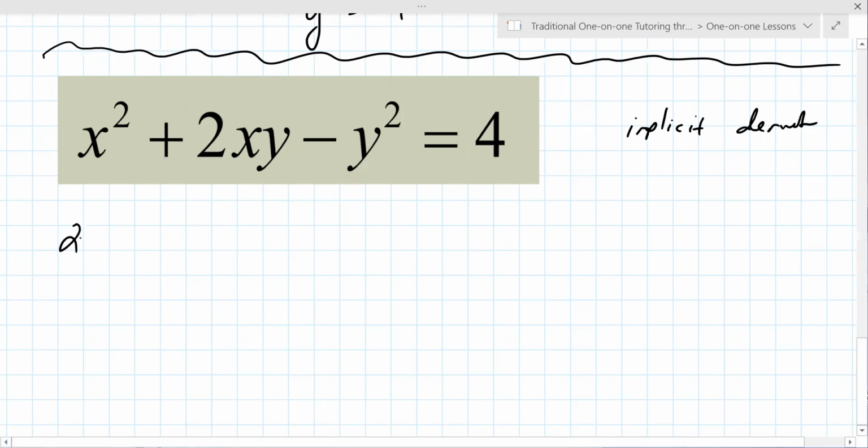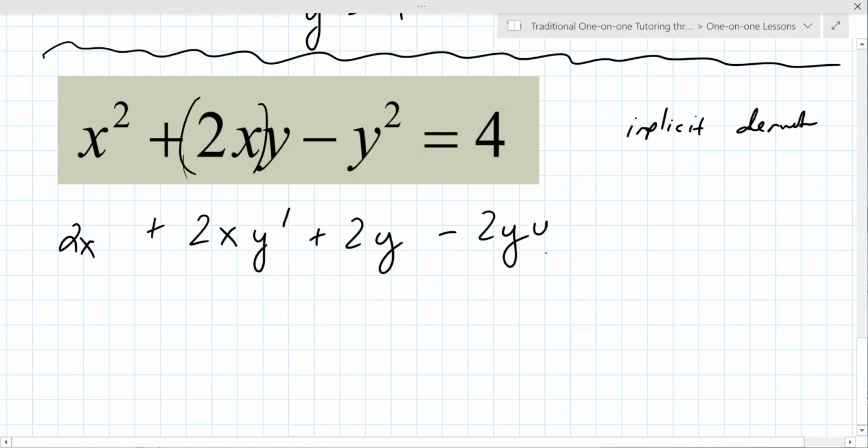So 2x plus, now did you treat this as 2x times y or 2 times xy? 2x times y. Okay, so 2x y prime plus 2y minus 2y power rule y prime equals 0. Is that how yours looks? I just forgot the 2 in front of the y.